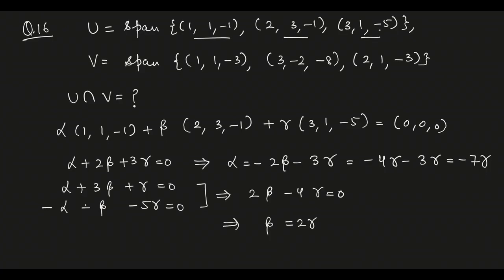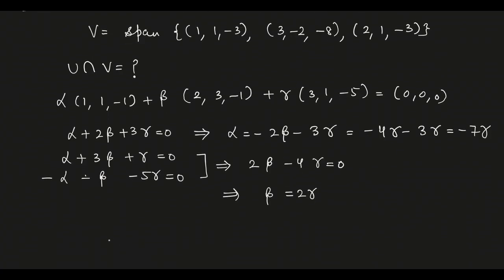So U can be written as the span of (minus 7 gamma, 2 gamma, gamma), and gamma will be any real number.